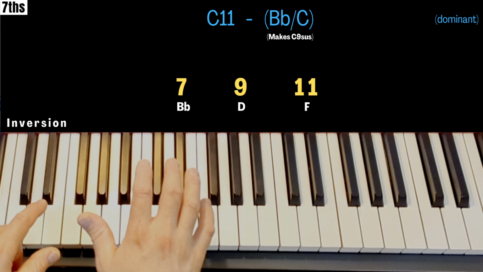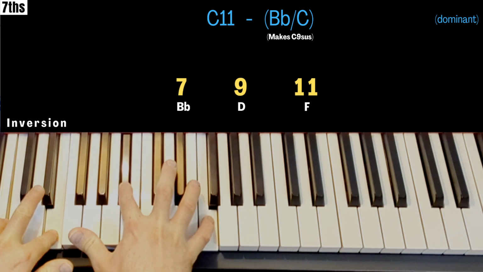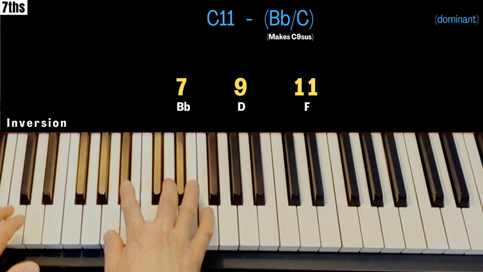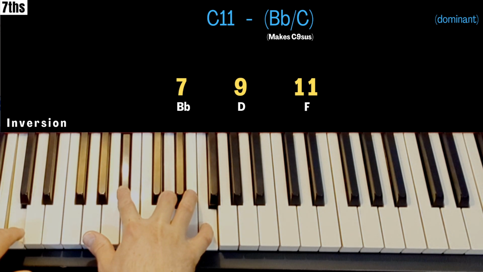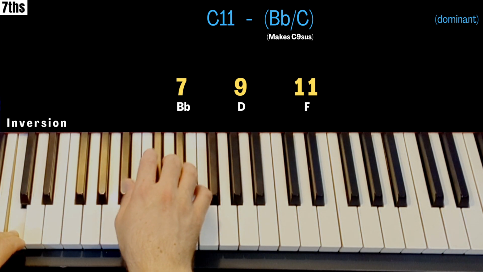I personally don't like the sound of the 3rd and the 11th together. I think that clashes too much. So generally, if I see a C11, I just substitute it for a C7 sus. And the inversion I showed you before, the major triad a tone below.